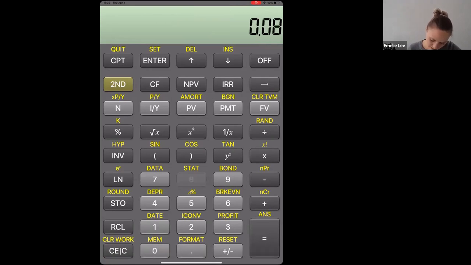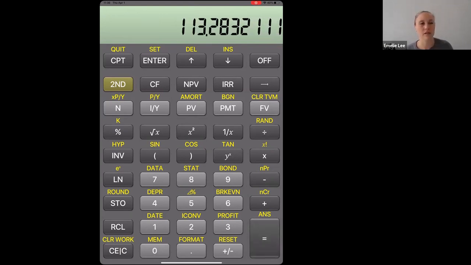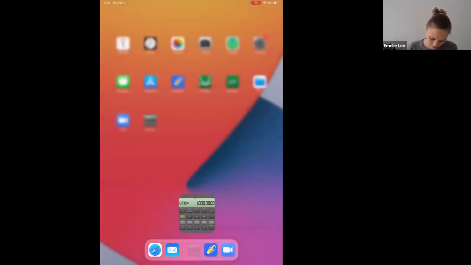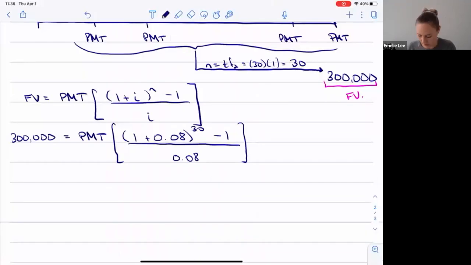1 plus 0.08 is 1.08, no surprise there, to the power of 30, minus 1, divided by 0.08. That's how you would do it.